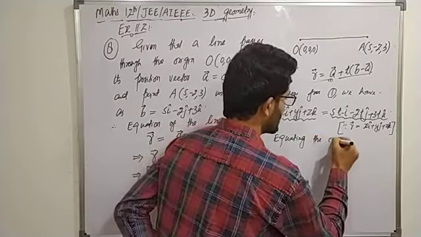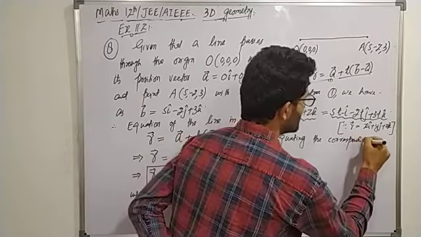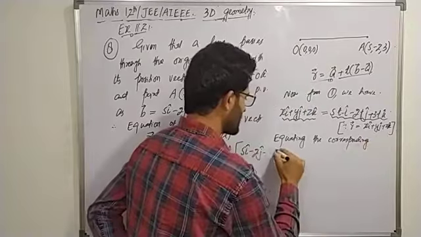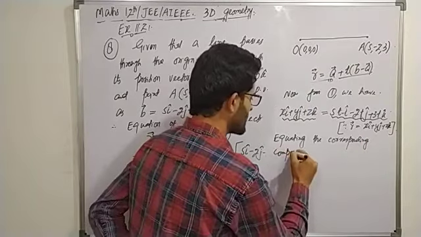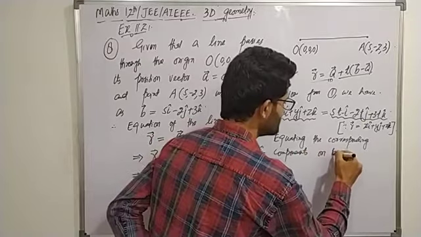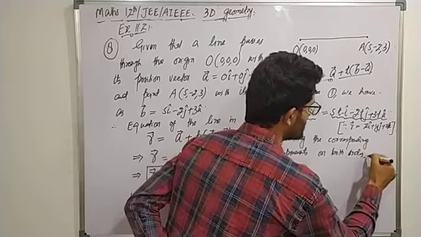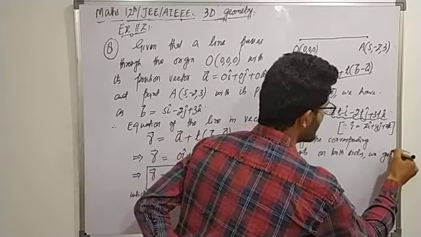equating the corresponding components on both sides. On both sides we get, what will we get?